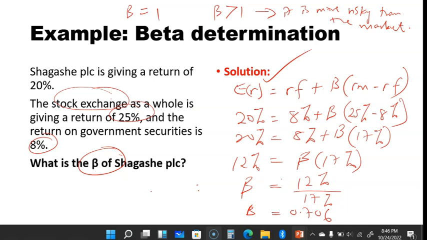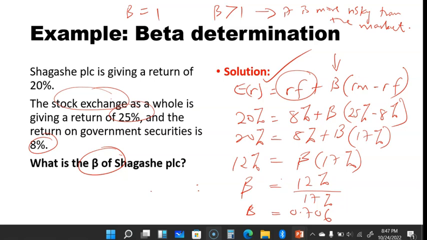So we say that it is risk-free. How can you prove that? If the beta is 0, in this example, if we put a 0, you can see that the only value we are left with is the risk-free rate. So that investment is risk-free. Are we together, ladies and gentlemen?